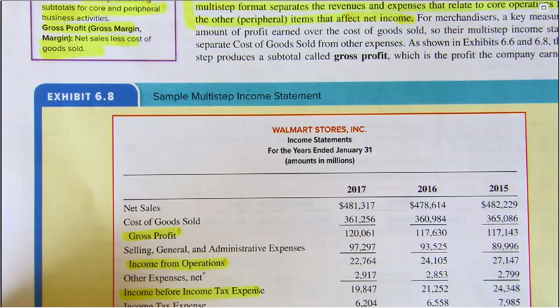The problem is it becomes difficult to determine if you're earning the same gross profit for every dollar of sales unless you turn this into a percentage. So now we're going to learn how to calculate the gross profit or gross margin percent. What we're going to be doing is taking our gross profit dollars and dividing by our net sales dollars to tell us the percent of profit earned on each dollar of sales.